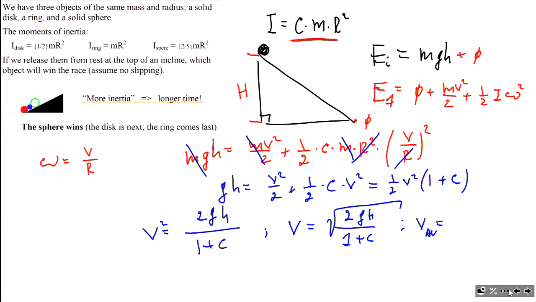It's a motion with constant acceleration for the center of mass. So initial plus final over 2, that's the average. On the other hand, that should be equal to distance traveled over time. So time will be equal to 2 times distance traveled divided by the final speed. All right.